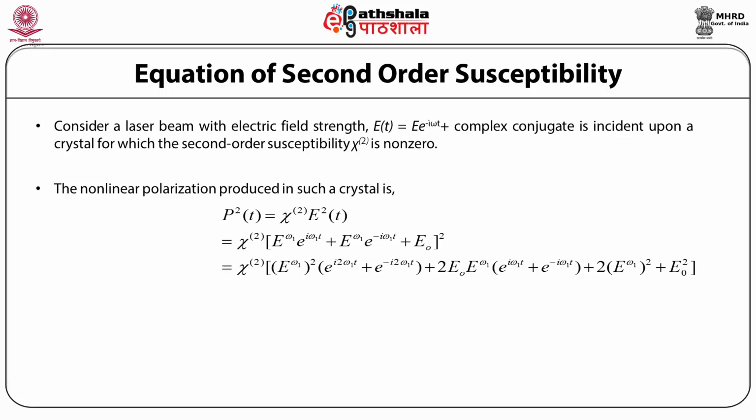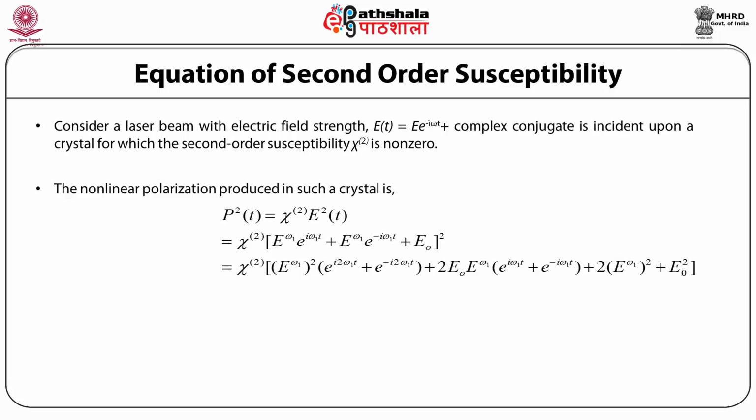The first term is represented as the second order polarization and consists of a contribution at zero frequency, and the contribution at frequency 2ω is the second term. According to the driven wave equation, this can lead to the generation of radiation at the second harmonic frequency.